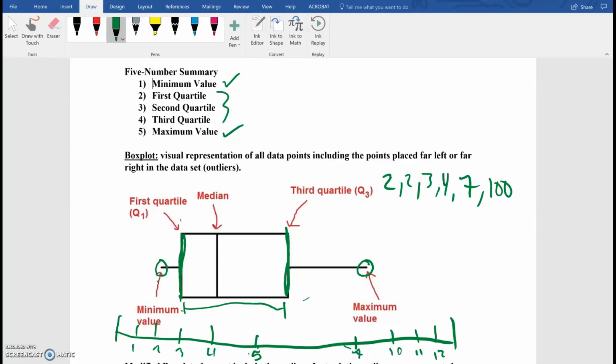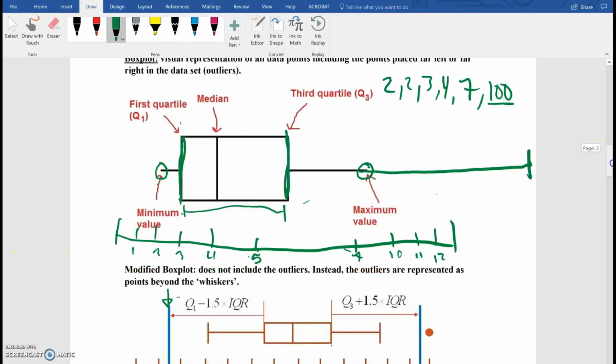Well, my maximum value is no longer the 7. Now it's going to go all the way out, right? So you're going to have this long hinge, right? So we don't quite want that, because the box plot just doesn't look as nice. So instead, we're going to modify our box plot.